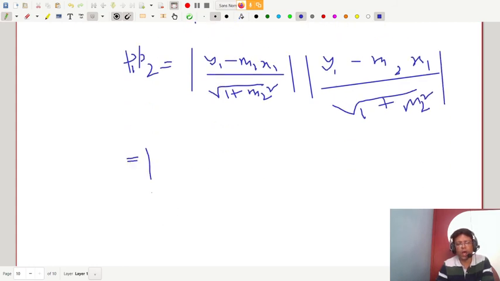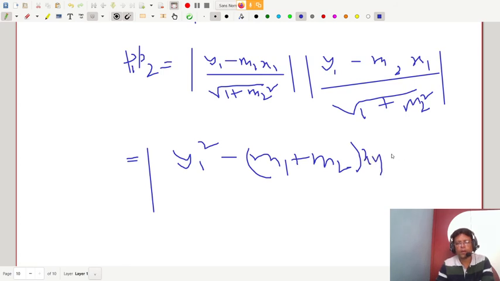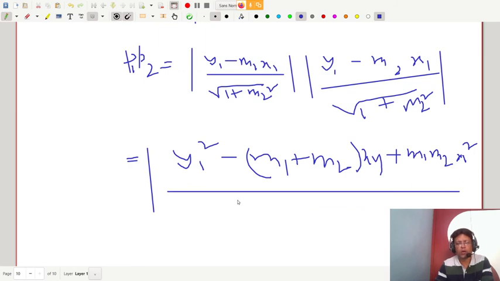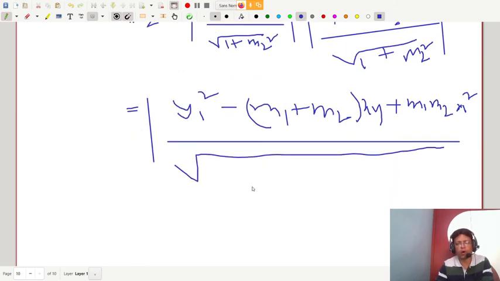Now if you take the product, then that will be y1 squared minus (m1 plus m2) x1 y1 plus m1 m2 x1 squared, and the denominator you can write as root over 1 plus m1 squared, plus m2 squared, plus m1 squared m2 squared.